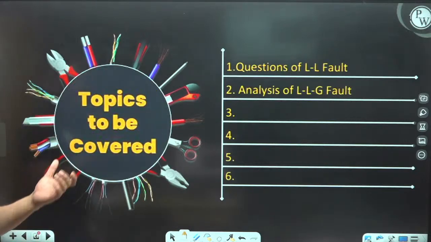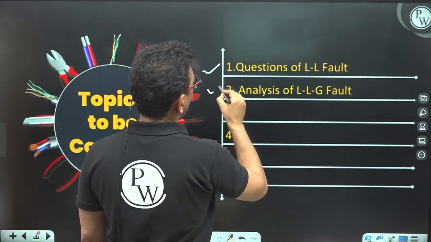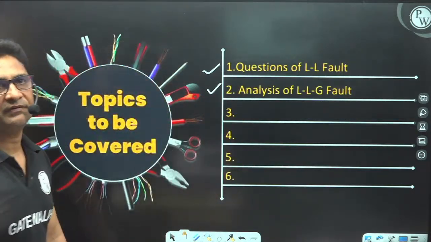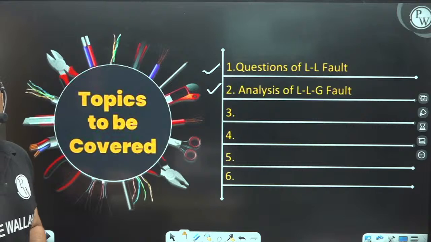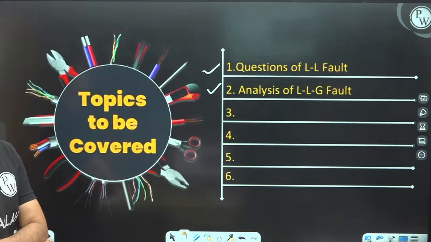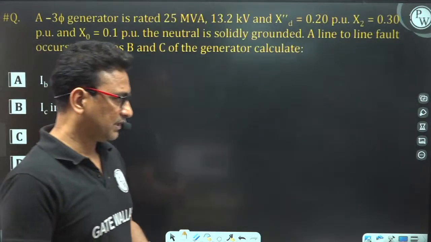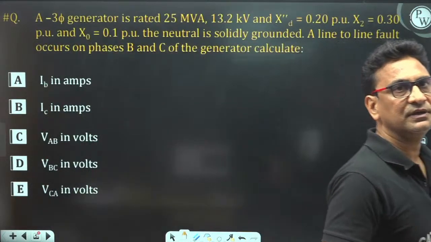The motive of this class is to do some questions on the line to line fault, and after that to find out the fault current whenever a double line to ground fault occurs in the power system. That means the analysis of the double line to ground fault. So let's start with a question on the line to line fault.